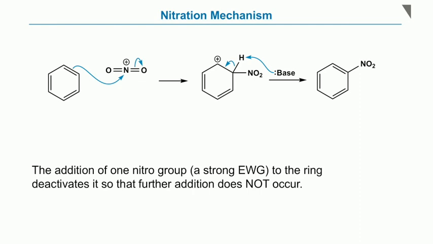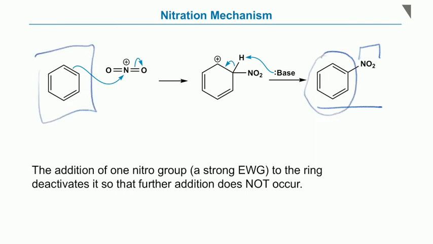So we need to do this only when we've got a very, very strong nucleophile. What you'll see, and we're going to talk about this later on, the consequence of adding a nitro to this ring here is very, very important. What do you think happens to this ring in terms of the electron density compared to where we started out?